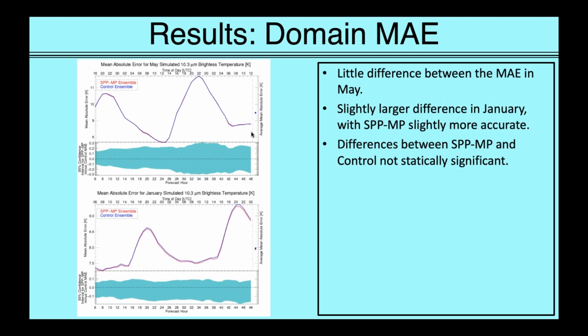There were some very localized differences, but overall there wasn't a whole lot. We do have slightly larger differences in January, where the SPP-MP is slightly more accurate. But the differences between the two ensembles are not statistically significant based on a bootstrapping method.